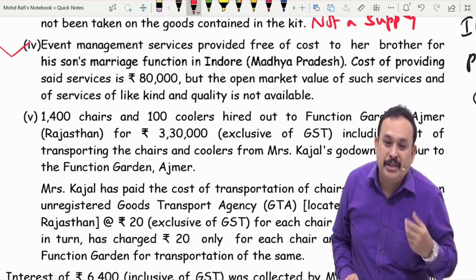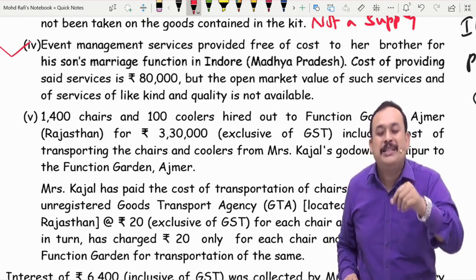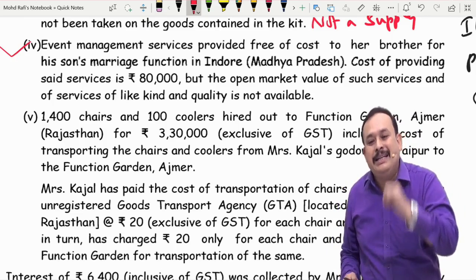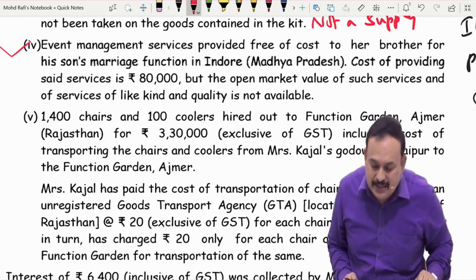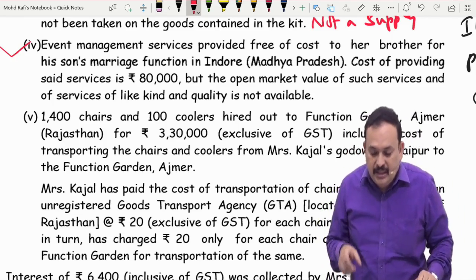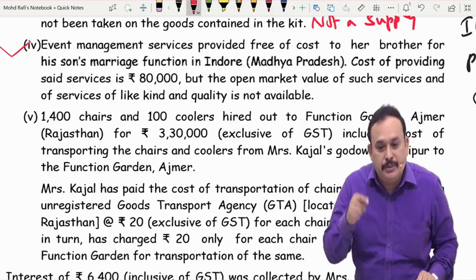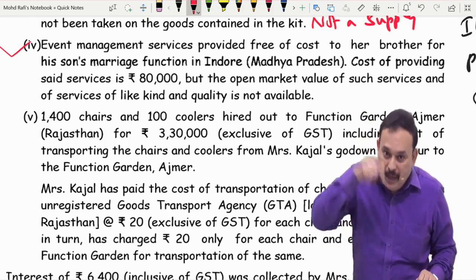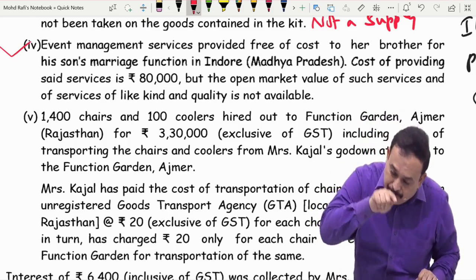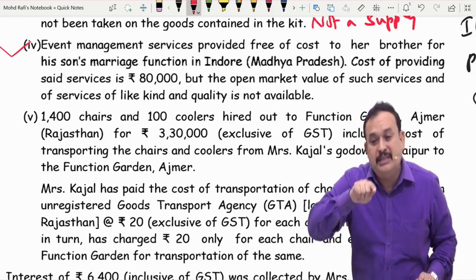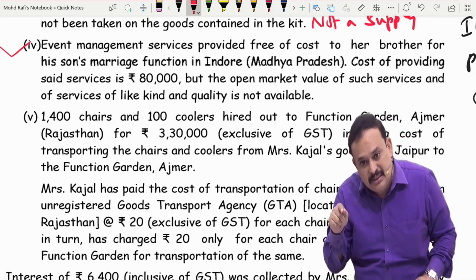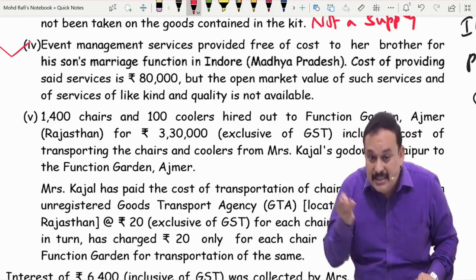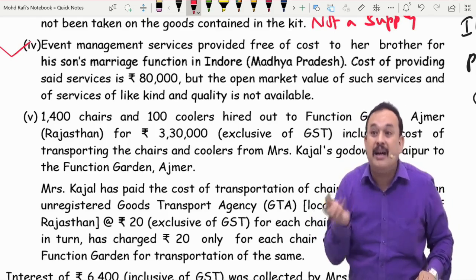My pocket money is also given by my elder brother. That means to say that I should be dependent. That means the supply of goods or services by a person to the same family, parents, grandparents, brothers, sisters, wholly or mainly depending on such person.